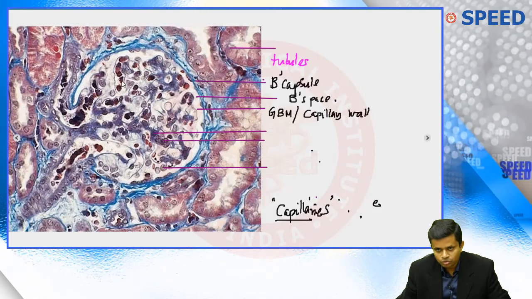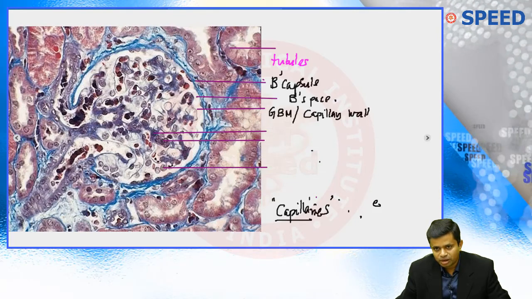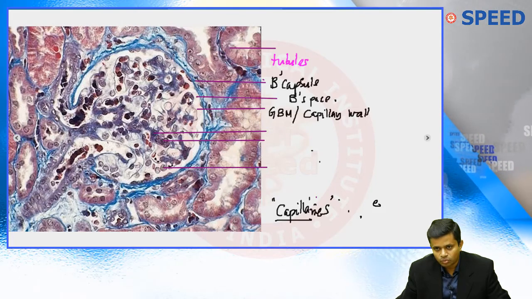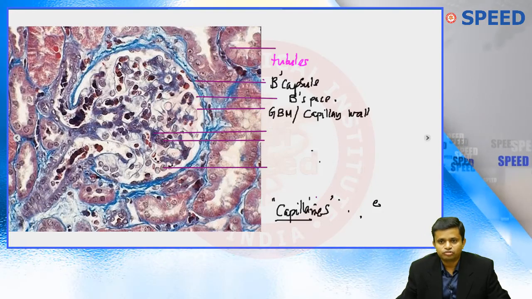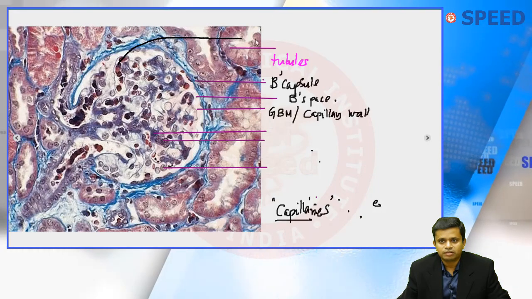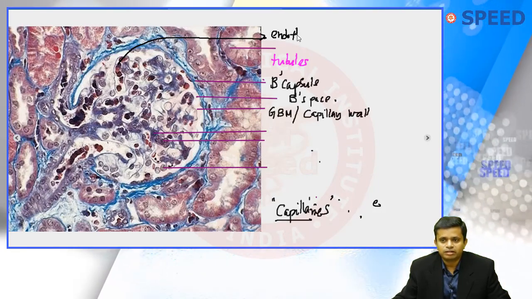Inside the capillary wall, you see some darker cells. Those darker cells are called endothelial cells.